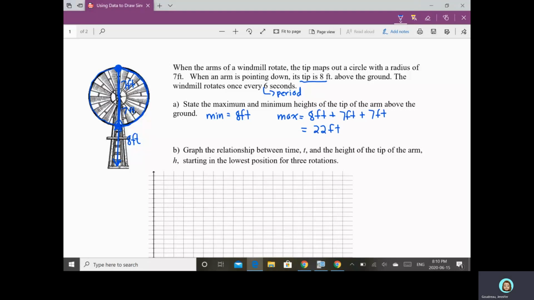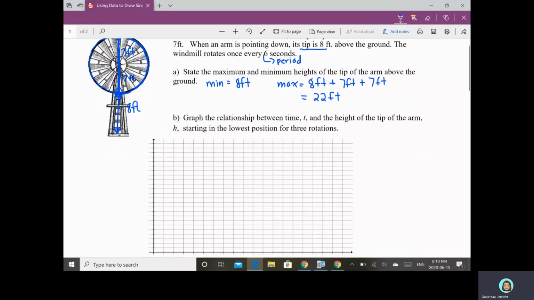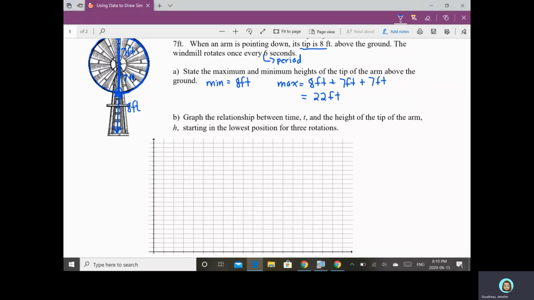Part B, graph the relationship between the time t and the height of the tip of the arm h, starting in the lowest position for 3 rotations. We are going to create a table of values based on what we know. We are comparing the time with the height of the tip of the arm.